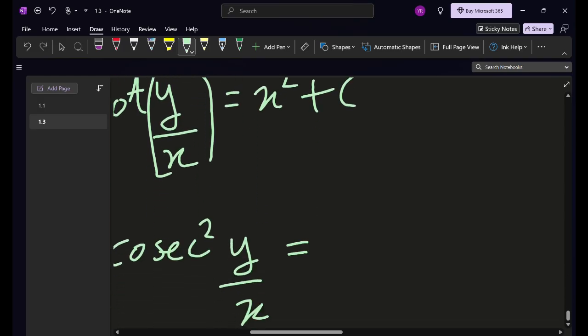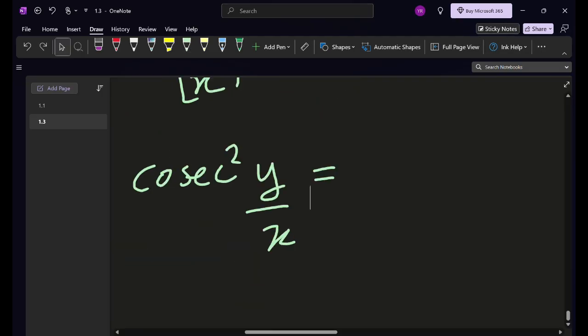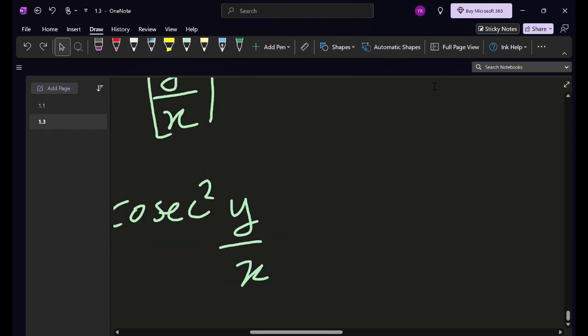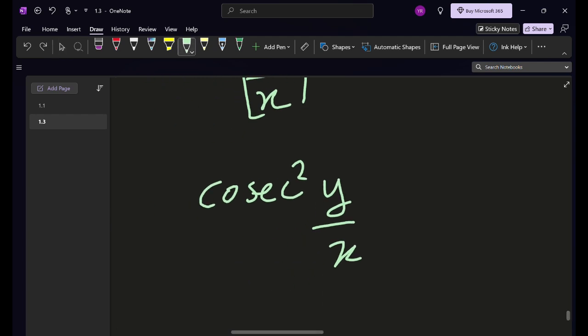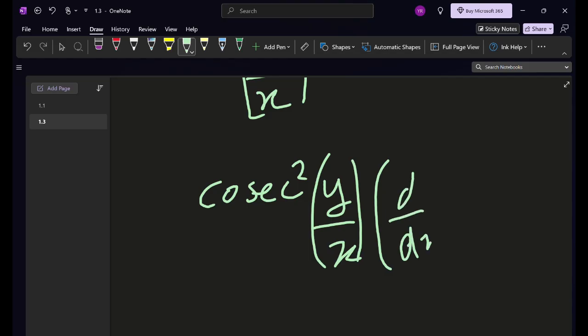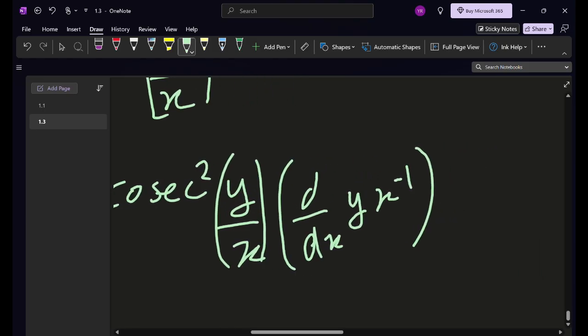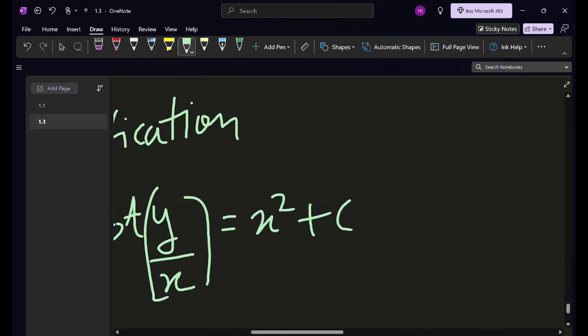which we are also going to be required to, of course, differentiate the term within the bracket. So you can just write it as d by dx of y into x to the power minus 1 for the time being is equal to 2x.